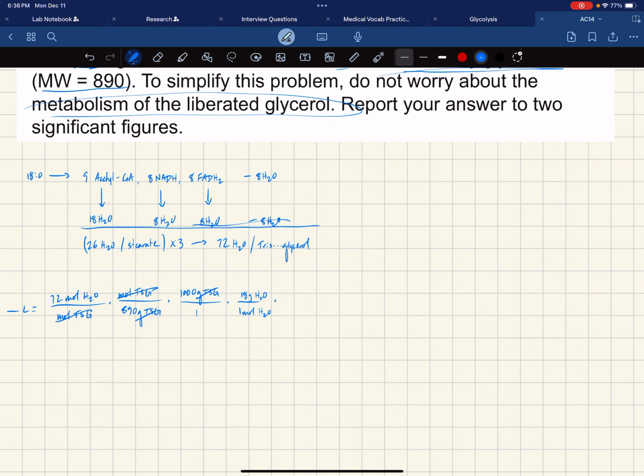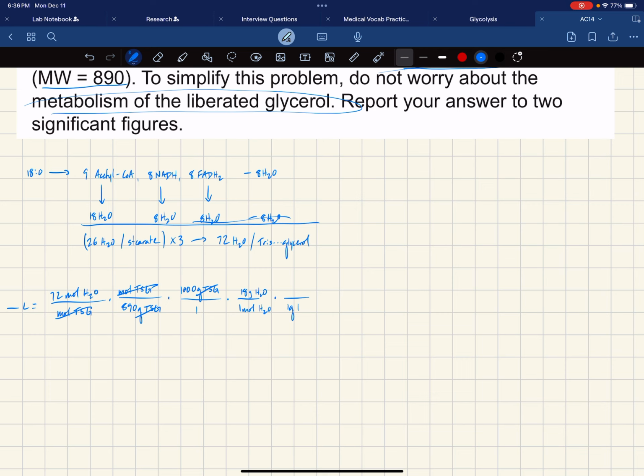And then we also know that 1 gram of water is going to be equal to 0.001 liters of water.